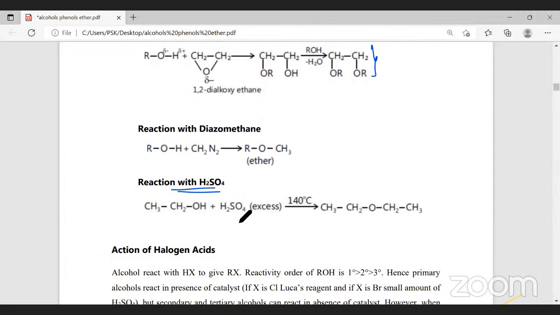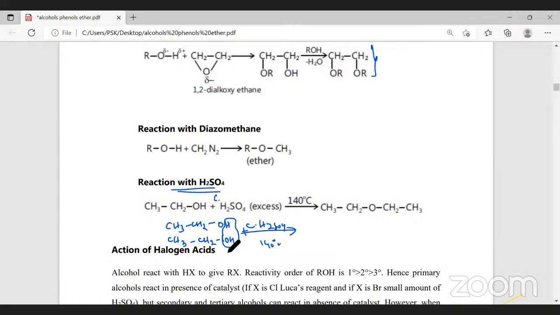When ethanol is treated with excess of concentrated sulfuric acid, ethanol we will write as CH3CH2OH. The other ethanol molecule we will write as CH3CH2OH, the second ethanol molecule. When this is treated with concentrated sulfuric acid, this is a dehydrating agent. It removes water.